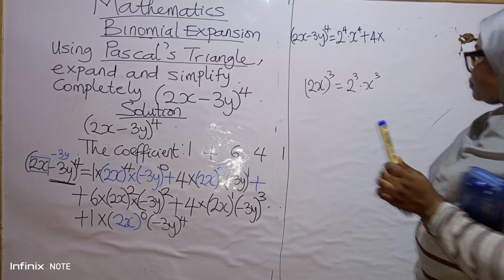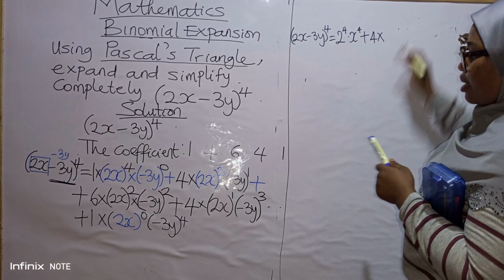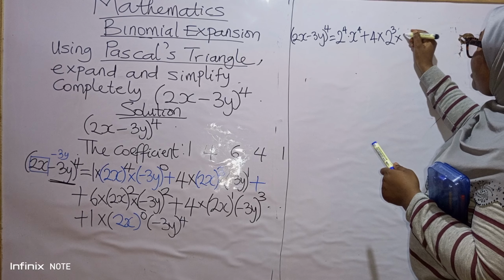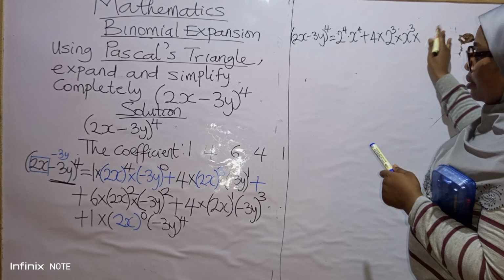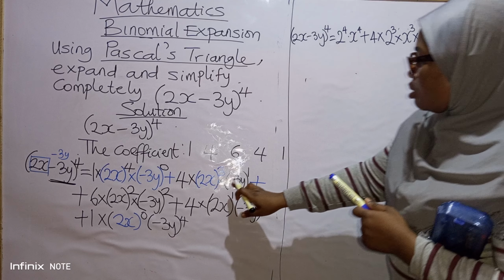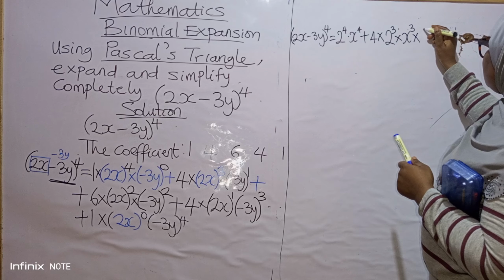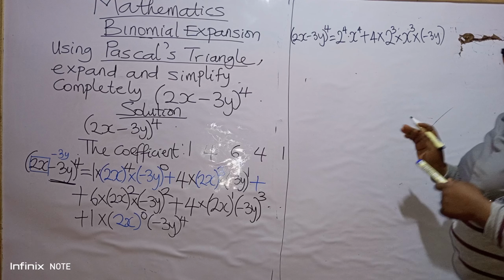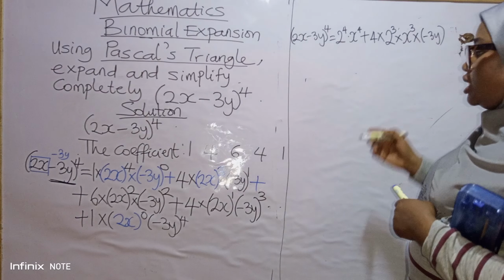So here, I have 2 raised to power 3 multiplied by x raised to power 3 multiplied by minus 3y raised to power 1. So minus 3y raised to power 1 is still the same thing. Any number raised to the power of 1 is that number.